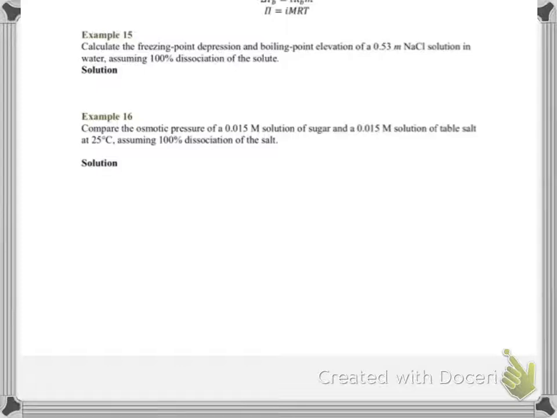Calculate the freezing point depression and boiling point elevation of a 0.53 molal, this is molality, sodium chloride solution in water, assuming 100% dissociation of the solute. So we have to calculate both delta TB and delta TF. Let's calculate delta TF first.